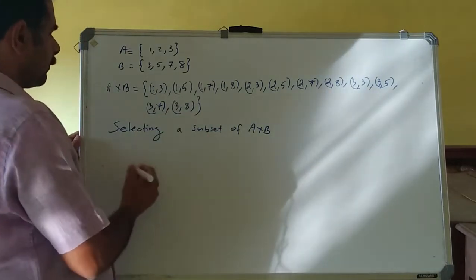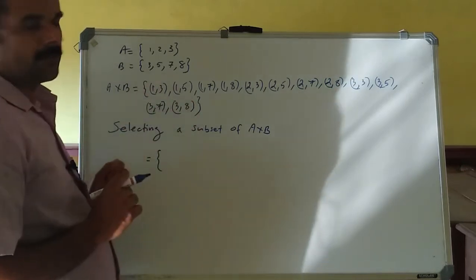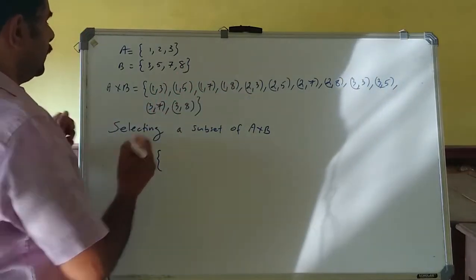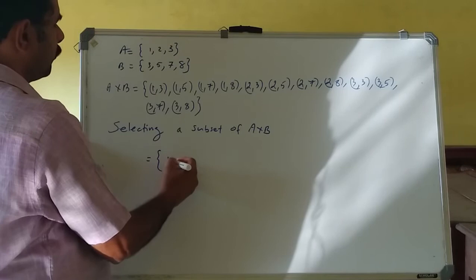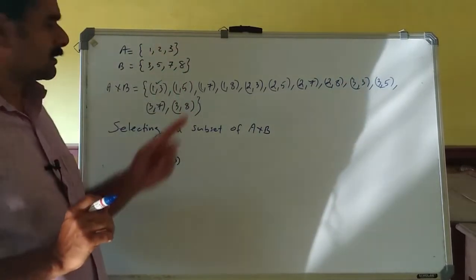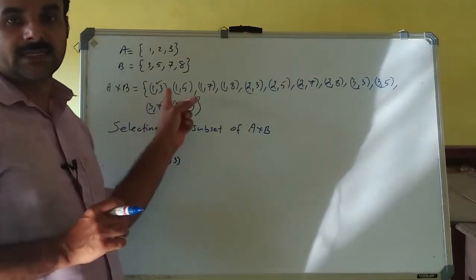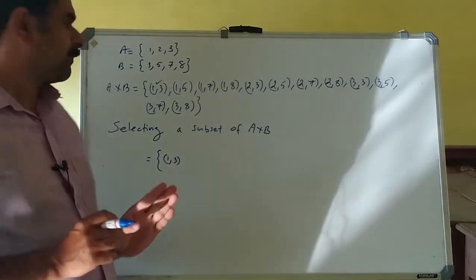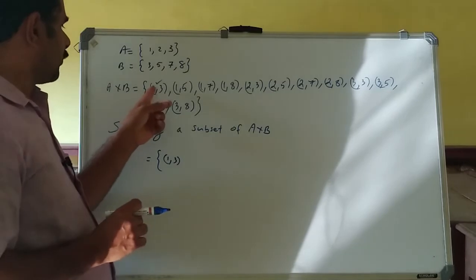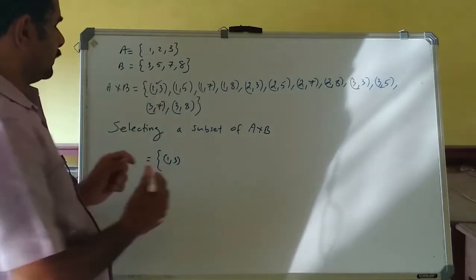Now I am taking a set by selecting some elements from here. Here I am taking 1, 3. This is my choice, okay? Because I am framing a subset by using some of the elements of A cross B. Your choice may be different, okay? So 1, 3.